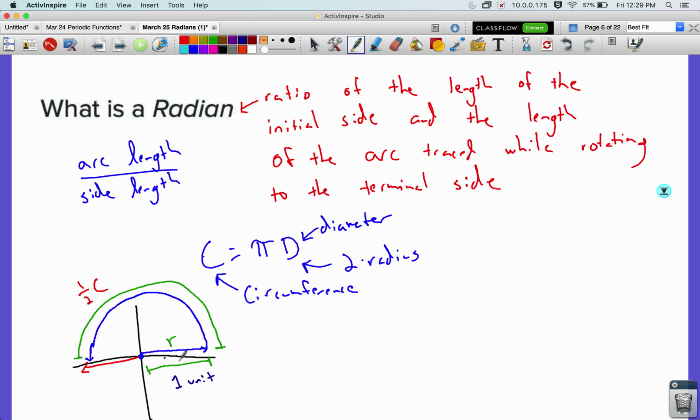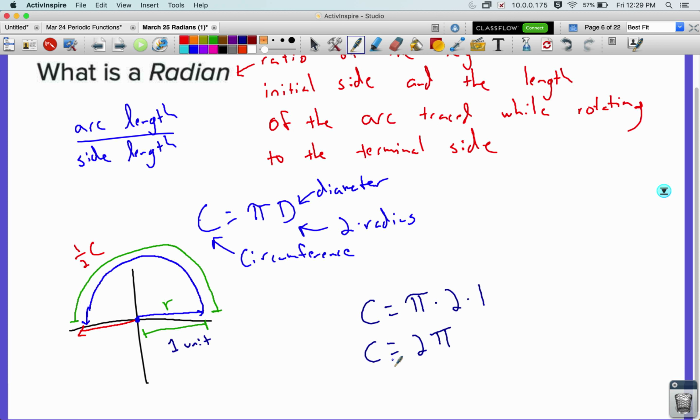We'll say all half circles are similar, so they're going to grow proportionally. So if this is just 1 unit, then the circumference would be pi times 2 times 1. The circumference would be equal to 2 pi. But this is only a half circle here. So if a full circumference is 2 pi units, then a half circumference equals just pi units.